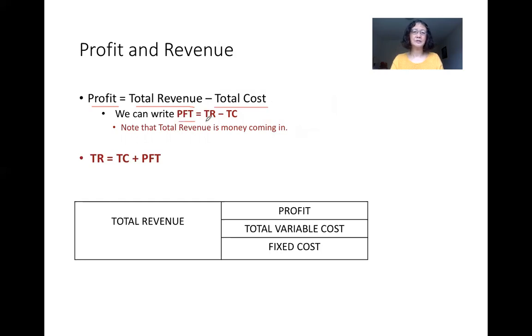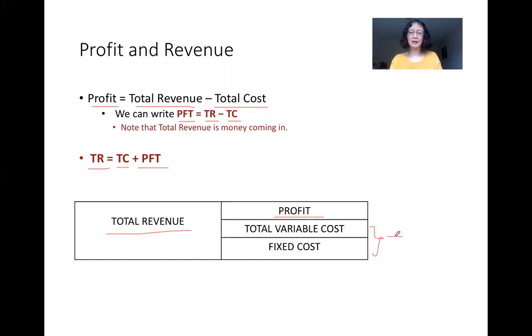Profit equal to TR, which represents total revenue, minus TC, total cost. Usually the revenue is money coming in, cost is money going out. Sometimes we also write total revenue equal to total cost plus profit.